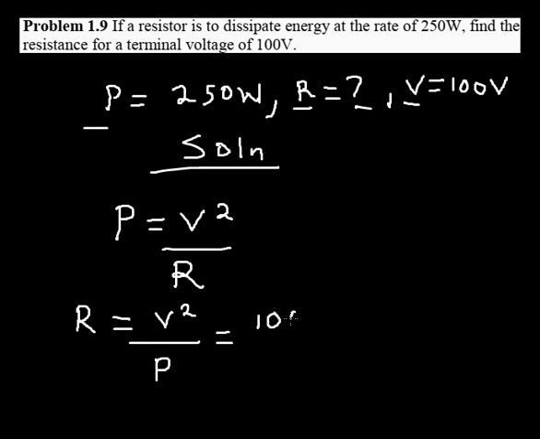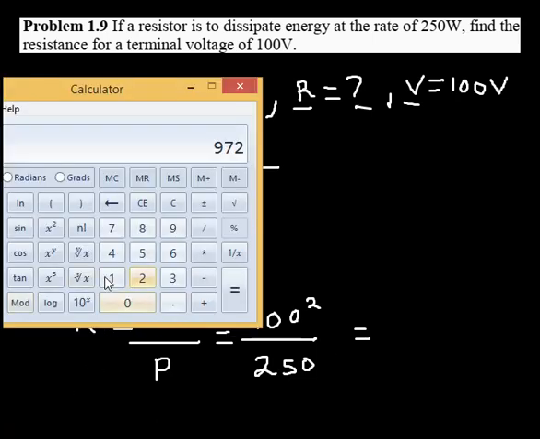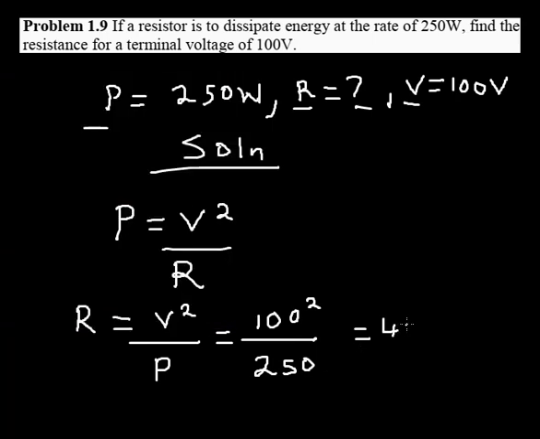That's 100 square divided by the power, which is 250. Okay, so let's do that. 100 square divided by 250. What do I have? 40. So 40 ohm.